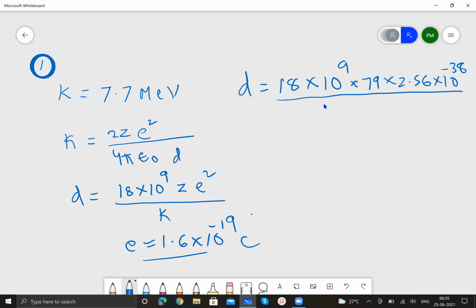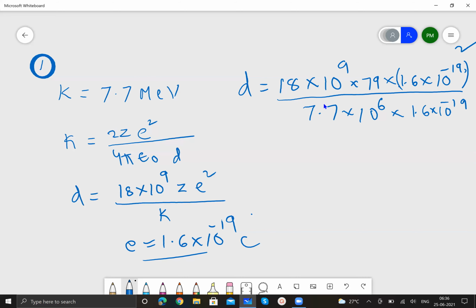And kinetic energy is 7.7 million electron volts. Million means 10 to the power of 6, into electron volts to joules, 1.6 into 10 to the power of minus 19. Let us not square it initially: 1.6 into 10 to the power of minus 19 whole square.